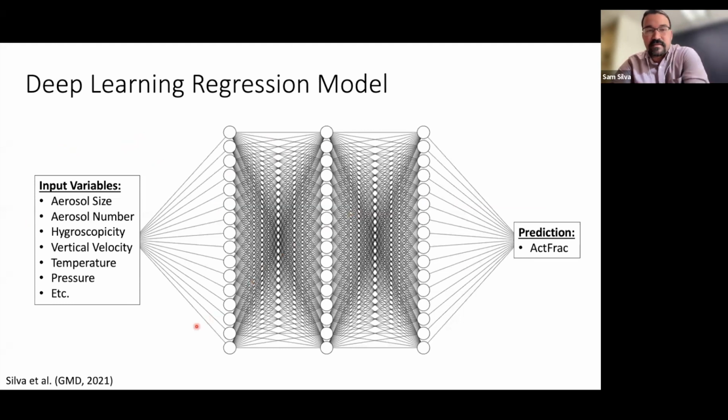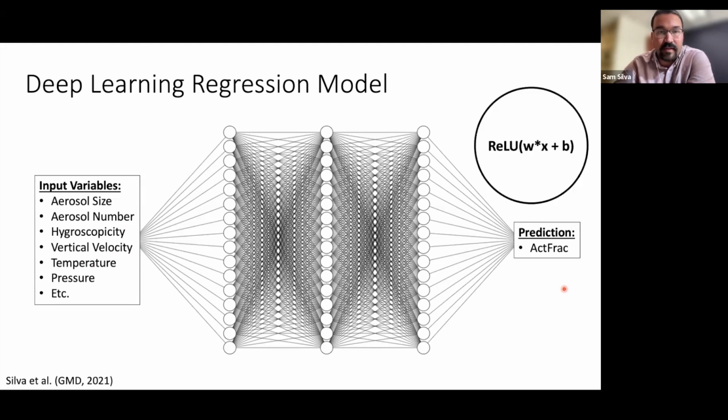Now, what that actually looks like from a structural perspective is our input variables are things like aerosol size, number, hygroscopicity, and vertical velocity. And our prediction, or the output, is the fraction of aerosol activated. And the neural network we used was a fairly small neural network with 3 hidden layers.